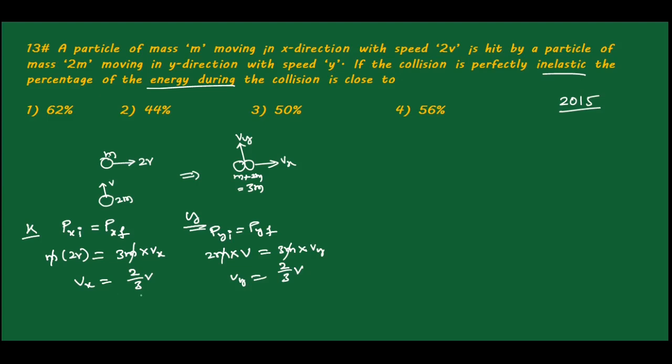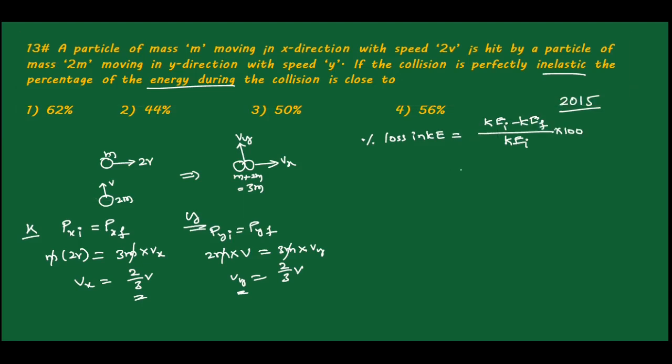So this is the velocity of the system in the x direction, and here in the y direction. Now find out the percentage of loss in kinetic energy. That is equal to kinetic energy initial minus kinetic energy final by kinetic energy initial into 100.